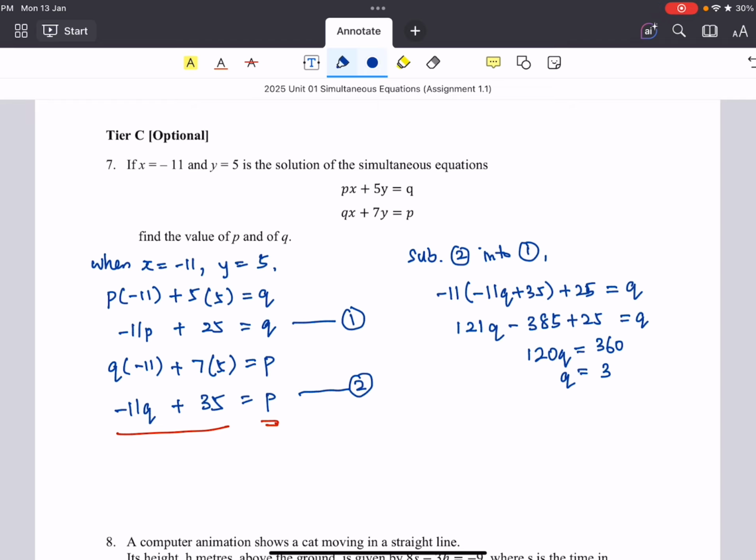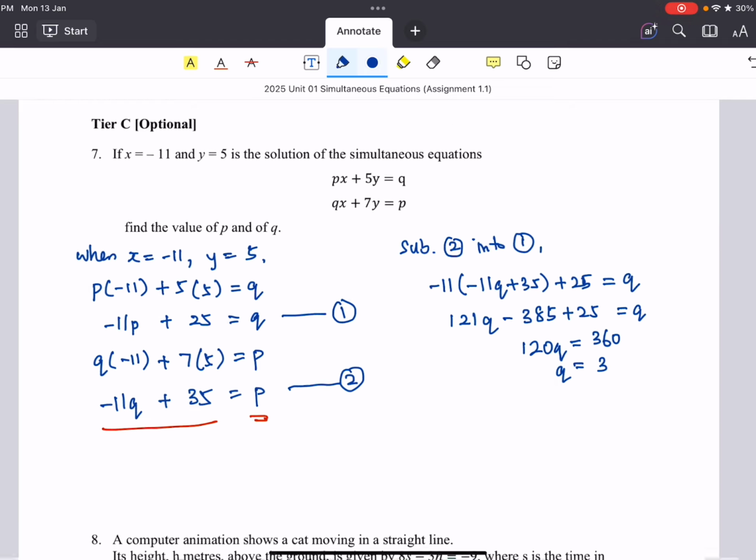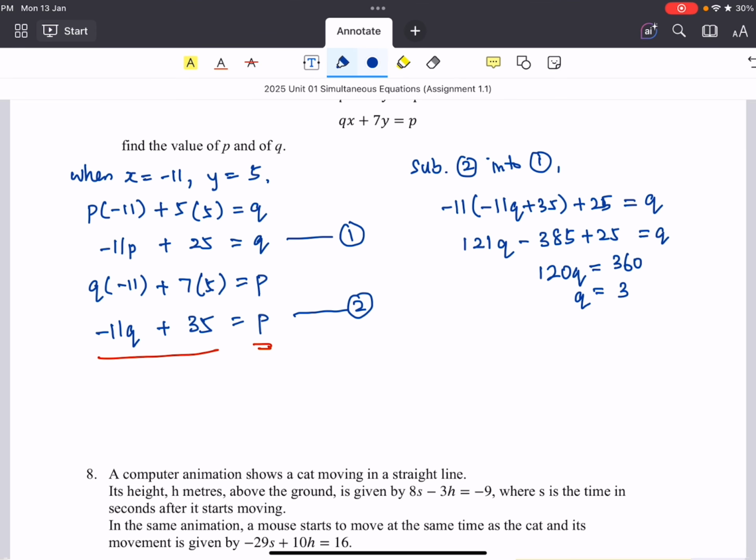Then we need to find what is p. So I'm going to sub q equals 3 into equation 2, right?